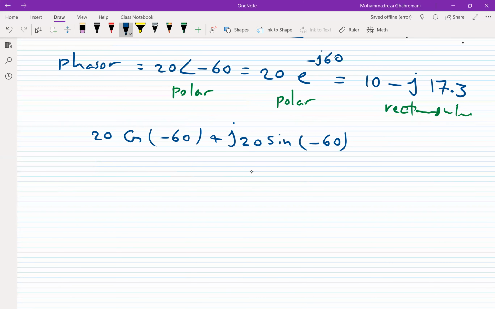So 20 times cosine of negative 60 degrees is 10, and 20 sine of negative 60 is negative 17.3. So this is the way we find the polar and rectangular representation of each complex number.